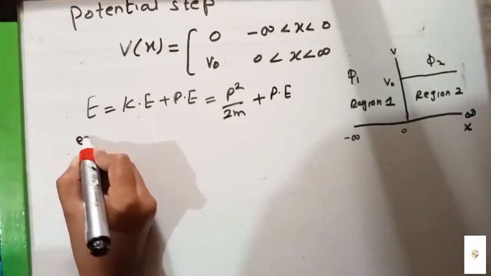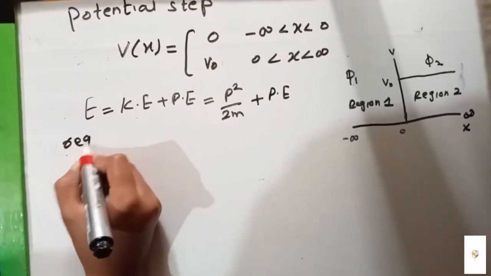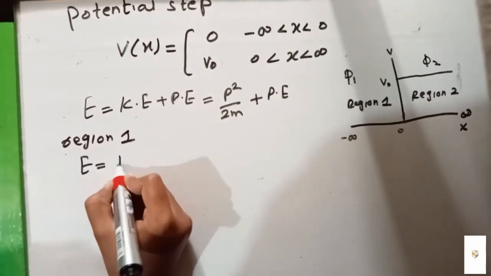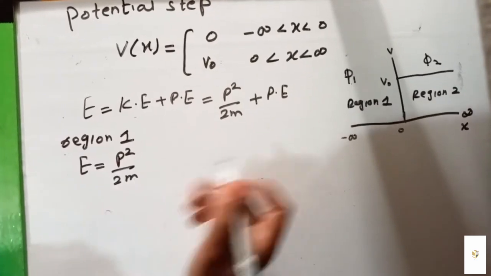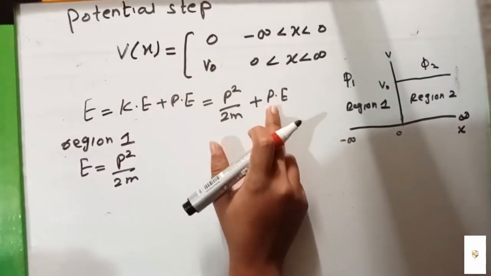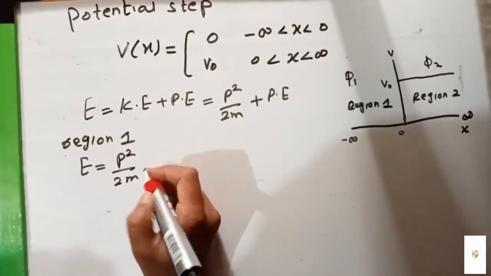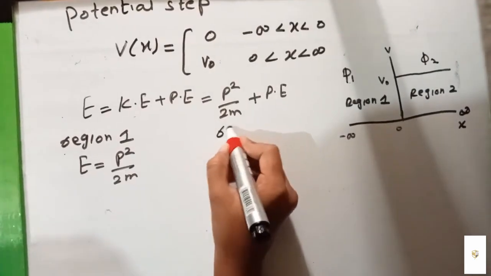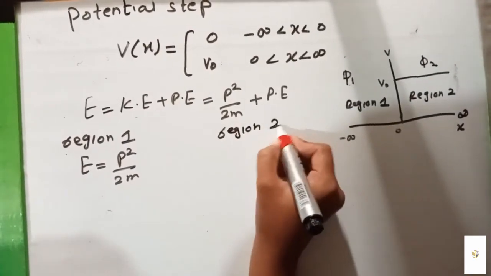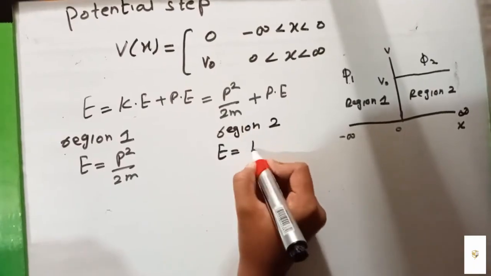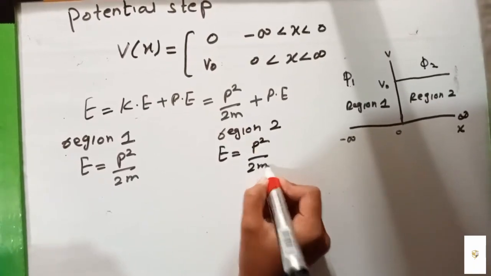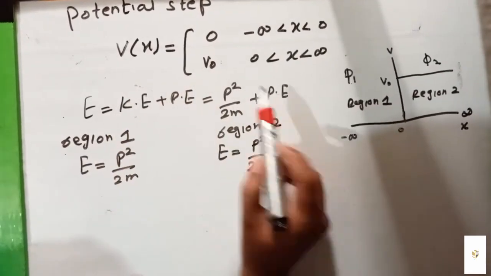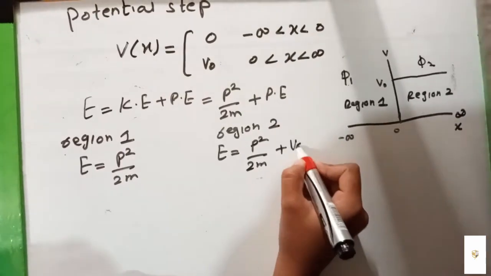For region 1, energy is equal to P square over 2m, since potential energy V of x is 0. For region 2, energy is equal to P square over 2m plus V0, where V of x is equal to V0.